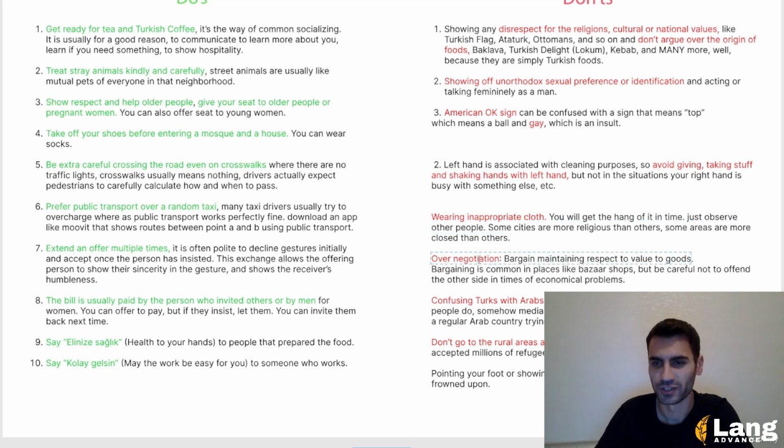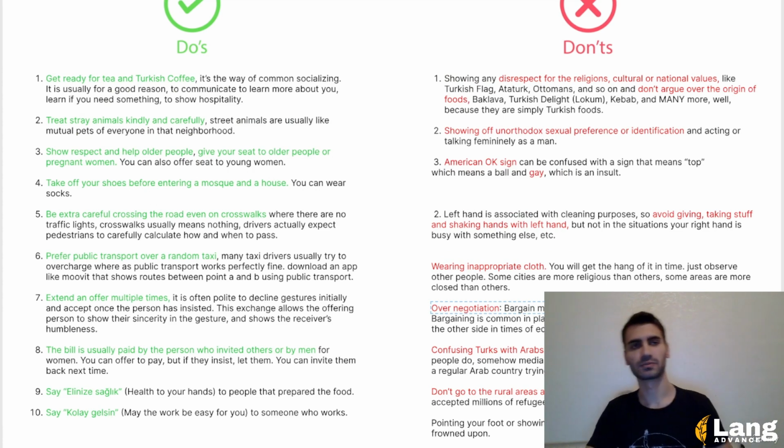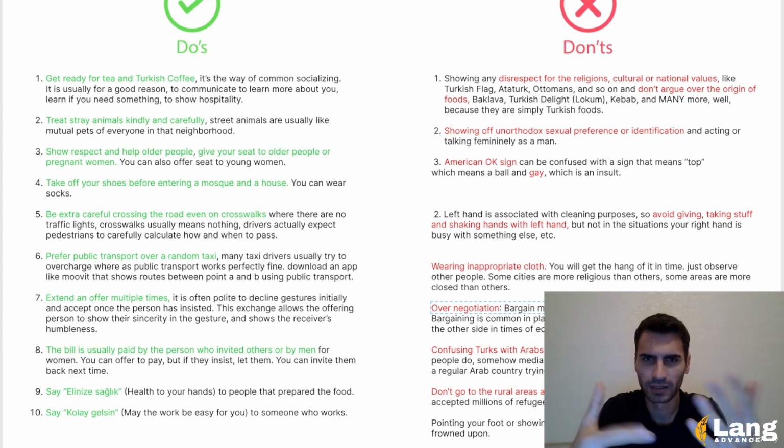Over negotiation is also a don't. Usually in times of hyperinflation, and sometimes in the world there is hyperinflation, there are some people who are affected by this and barely make money by the service they are giving to you.